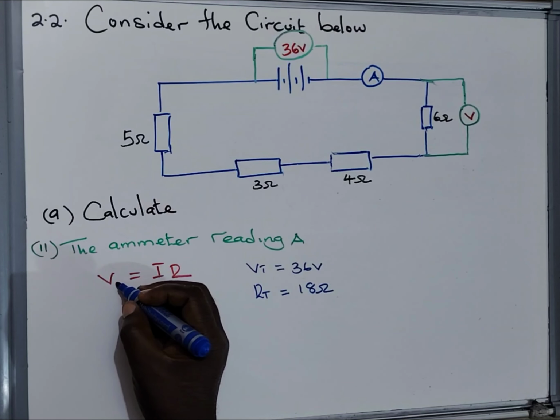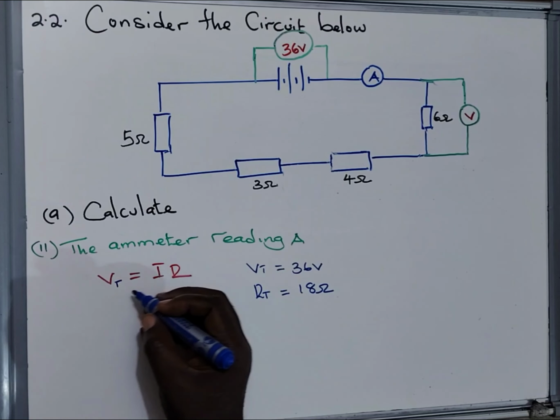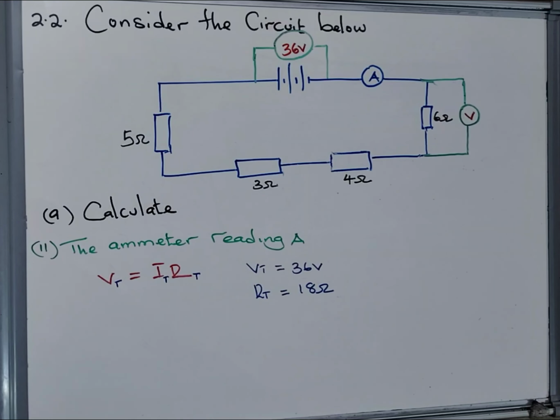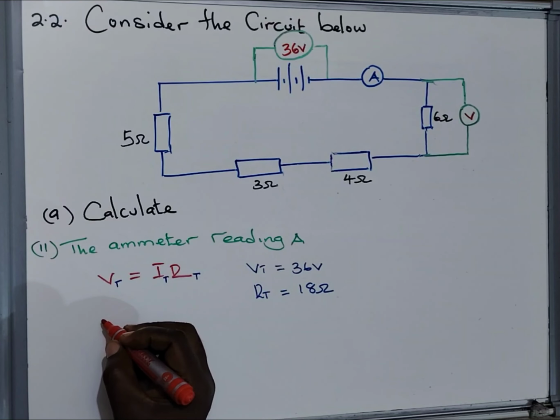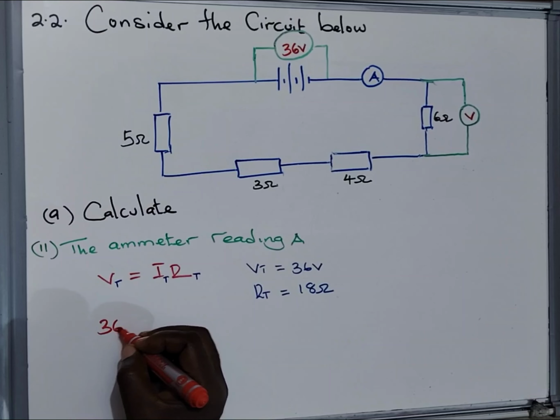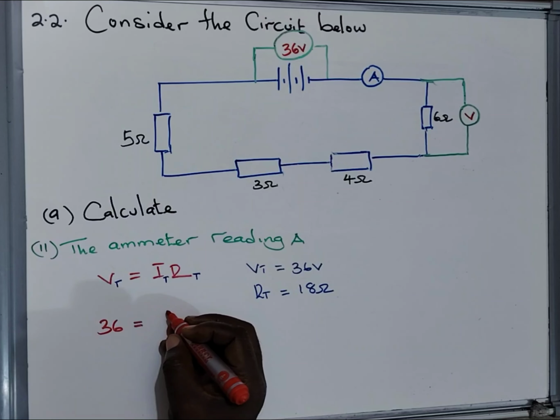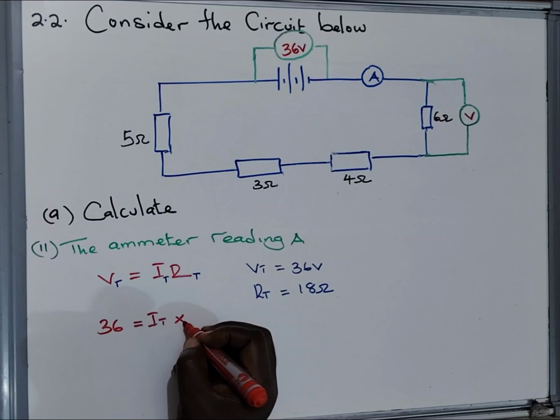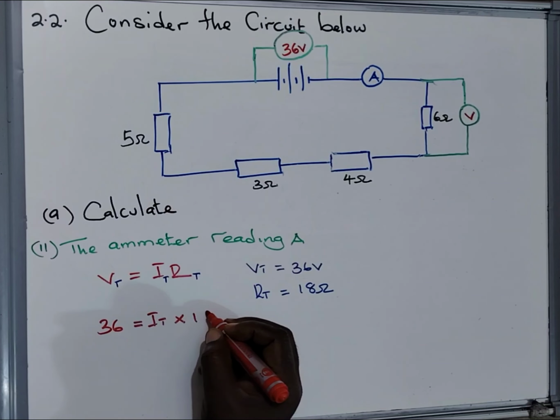So if we call this one V total, V terminal, I terminal, R terminal, then we can substitute in. For VT, we know it is 36. I terminal is needed, but we know RT, which is 18.